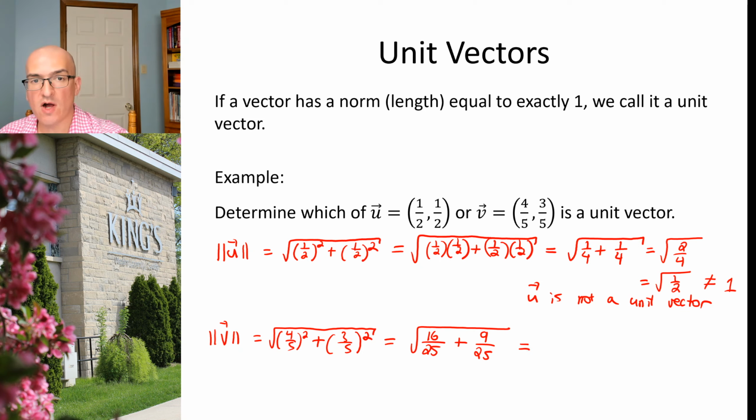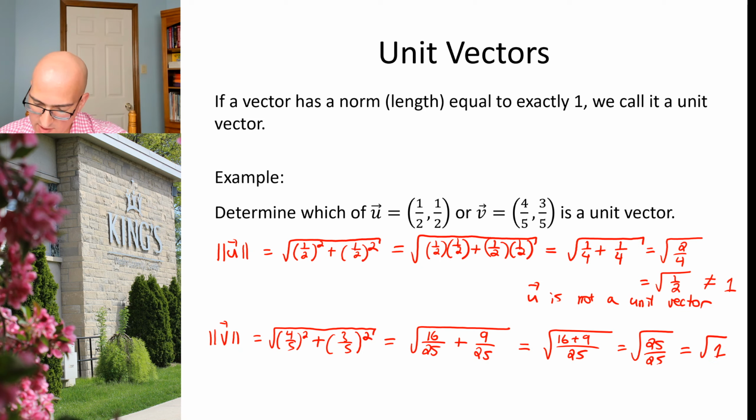They already have common denominators, so we can add the numerators together. So we get the square root of 16 plus 9 over 25. So the square root of 25 over 25, which is the square root of 1, which is 1.